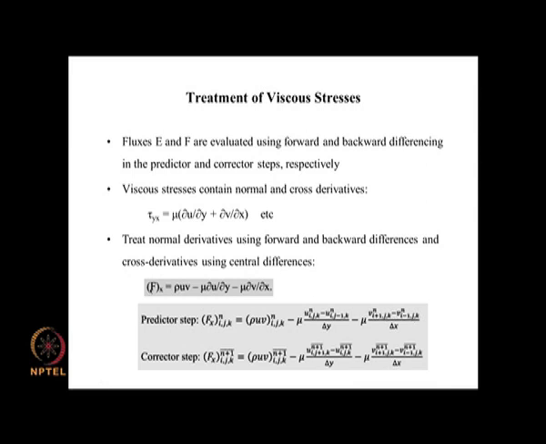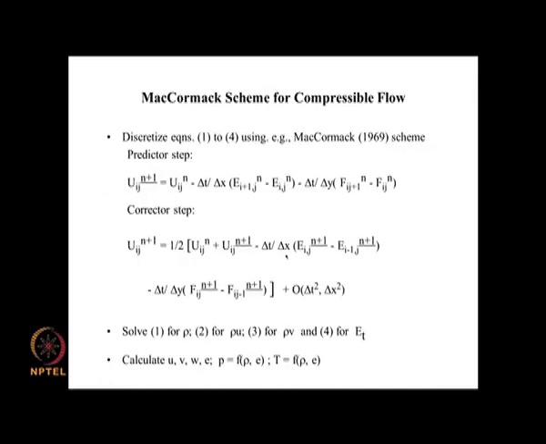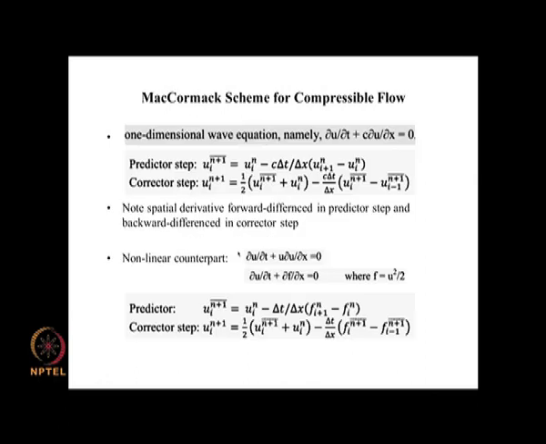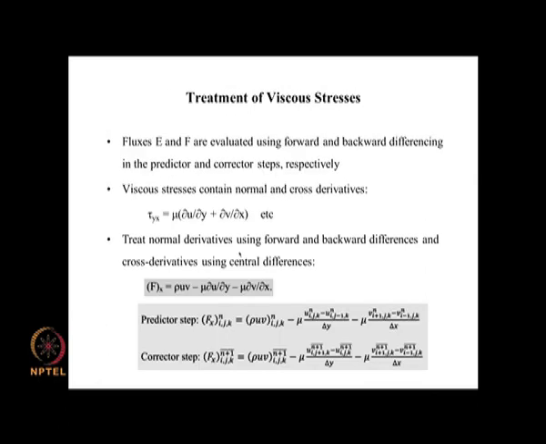Because you are looking at the f term, and the f term always appears with dou by dou y. So this particular term here is dou by dou y of this, which becomes dou square v by dou x dou y.